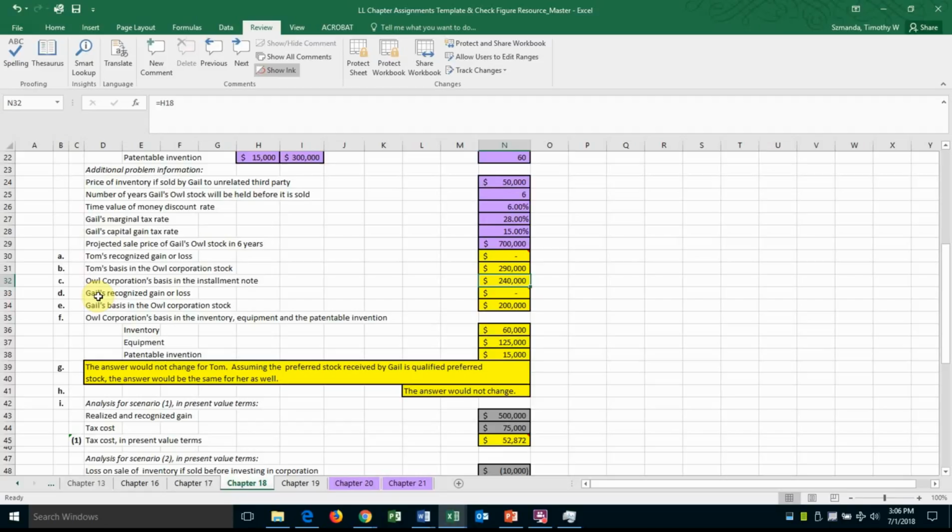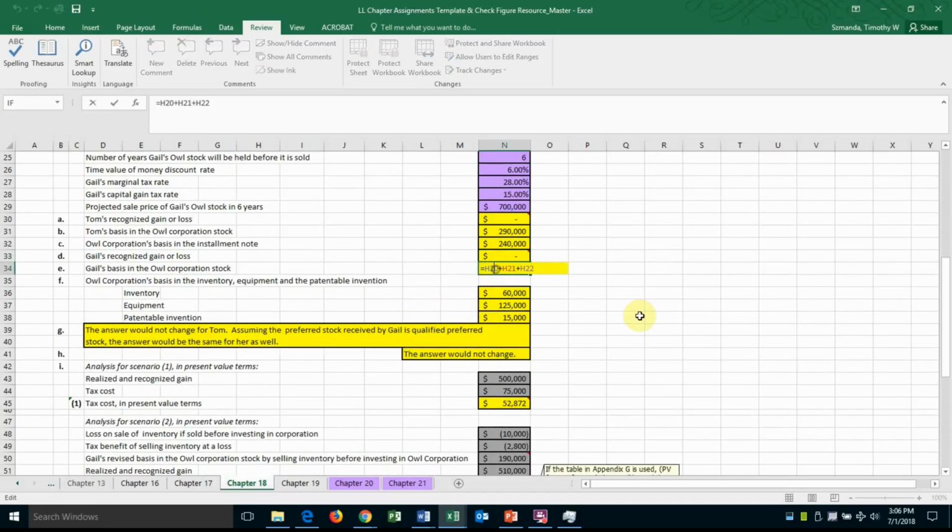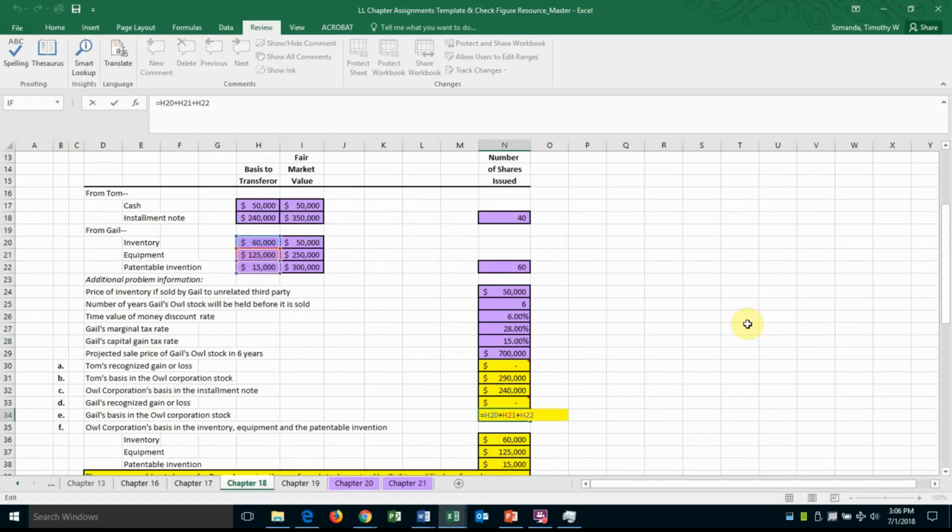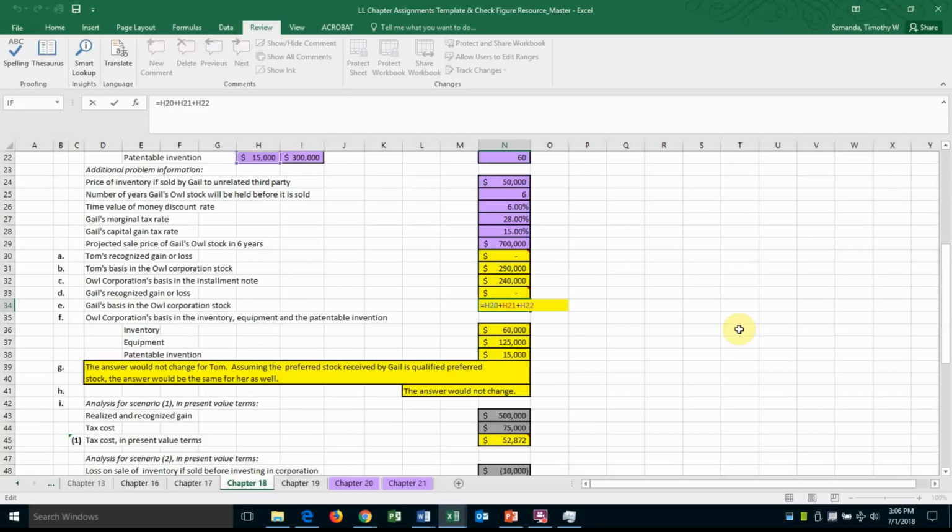Pardon me, Gail's original gain or loss first. Again, in the absence of any boot, there is no gain or loss even for Gail. And then we get to the basis of Gail's ownership in Owl Corporation, and that would be the sum of the basis of the assets contributed, her inventory at 60,000, equipment at 125,000, and patentable invention at 15,000.